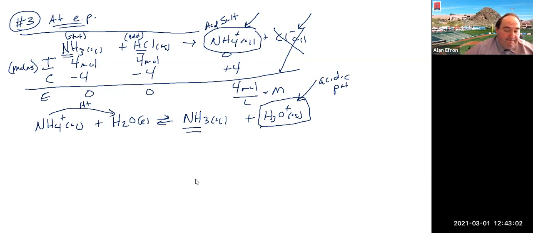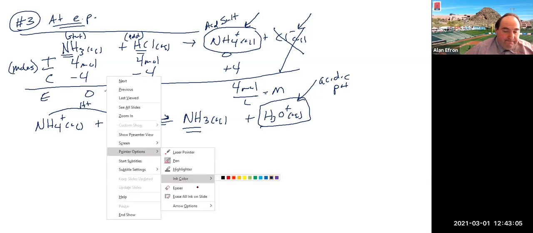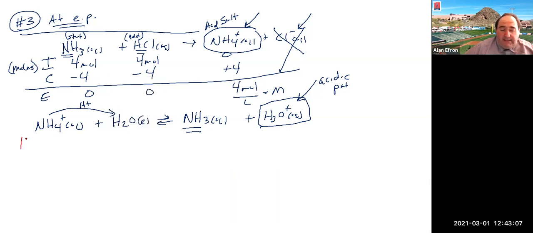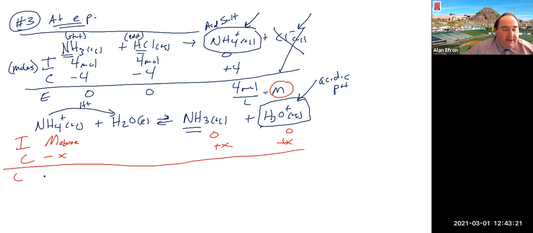Question on that? This would be an ice table where we would use obviously the molarity from above, from the first table. These guys would be zeros, and we would do some minus x, plus x, which means we would end up with minus x, x and x. This is going to go into a Ka.